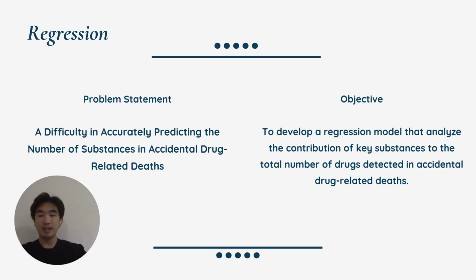There are simple ways to do it, like frequency analysis, but it doesn't consider the combined effect of multiple drugs at once, which is why our objective for regression is to develop a regression model that analyzes the contribution of key substances to the total number of drugs detected in accidental drug-related death. We aim to analyze how the presence of the selected drugs contribute to the number of substances detected using regression.